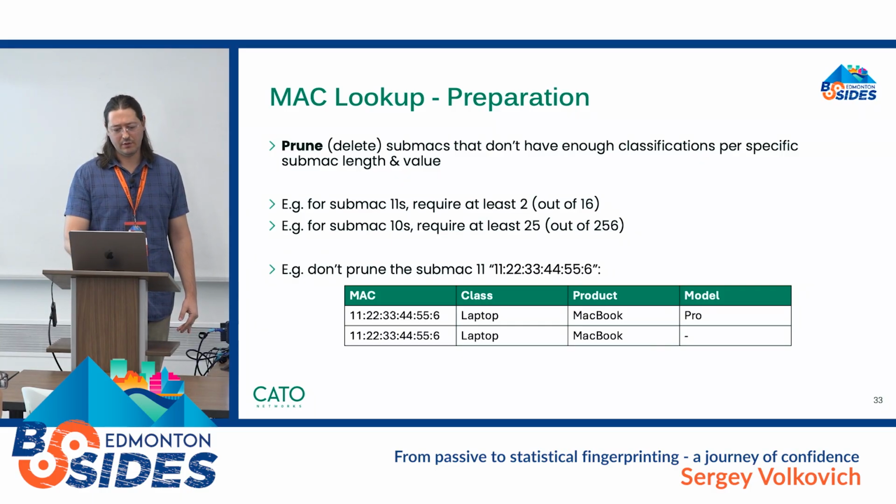And in this first pruning, we require at least 2 out of the 16 devices for the sub-MAC length 11, and 25 devices at least for the sub-MAC length of 10. So this gives us the following table. Well, actually, we don't prune anything in the following table.